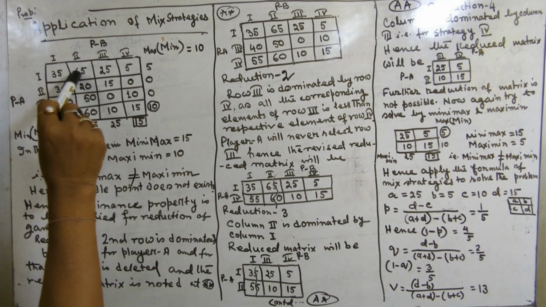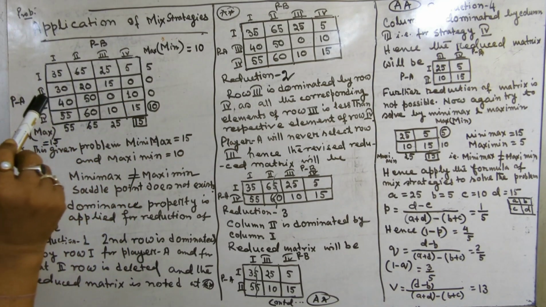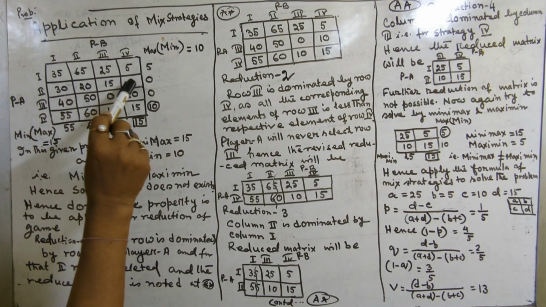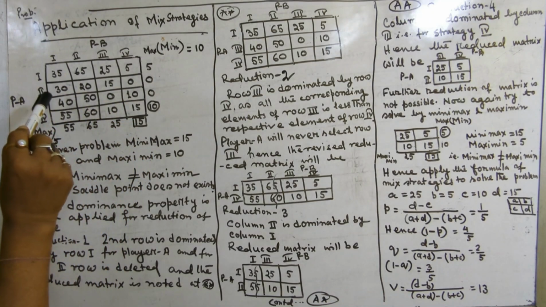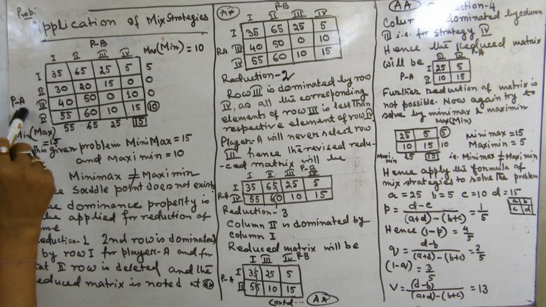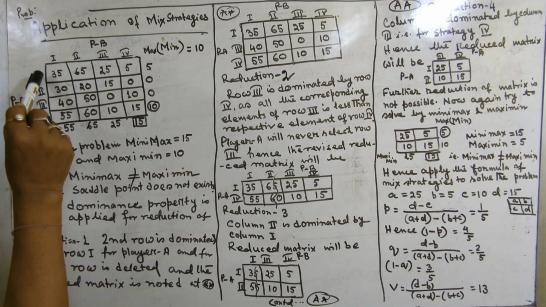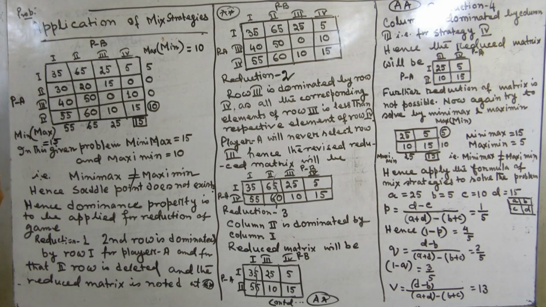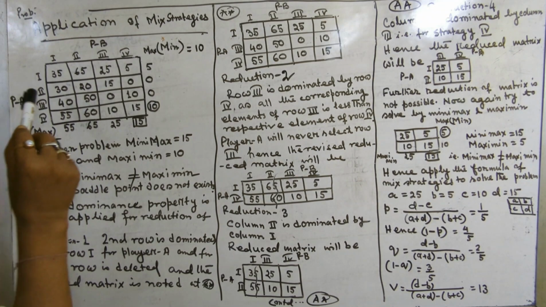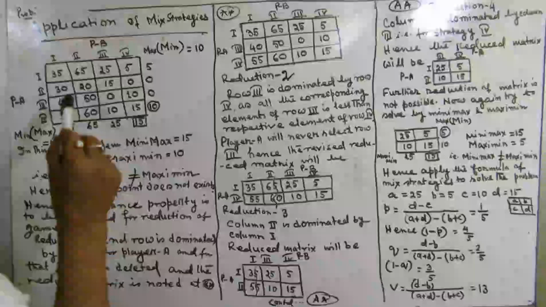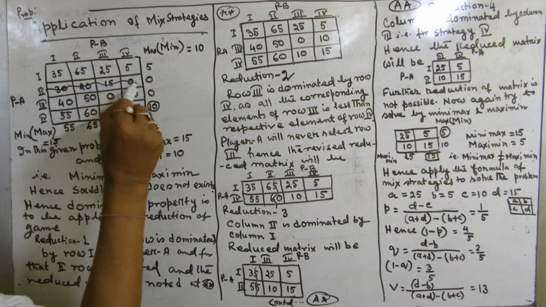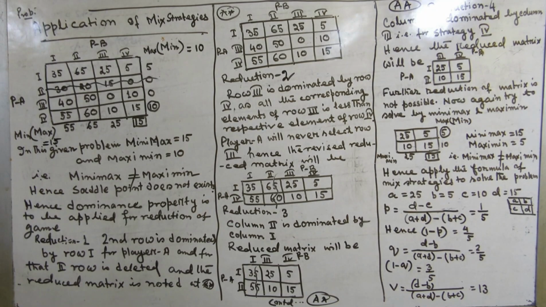That means all the elements of row 1 are more than the respective elements of row 2. That means for player A, row 2 is dominated by row 1. Player A will never select row 2, and for that row 2 can be deleted. And this is the first reduction.